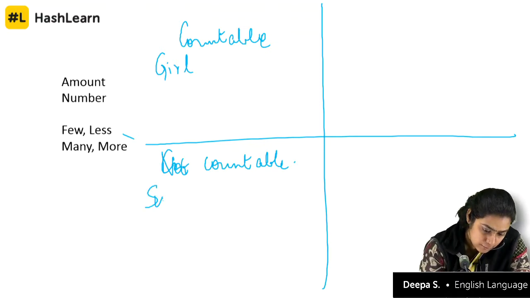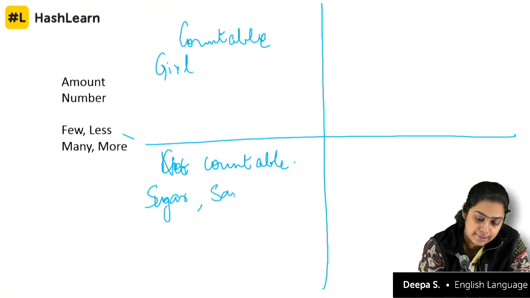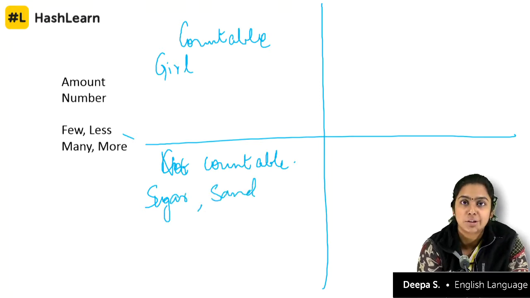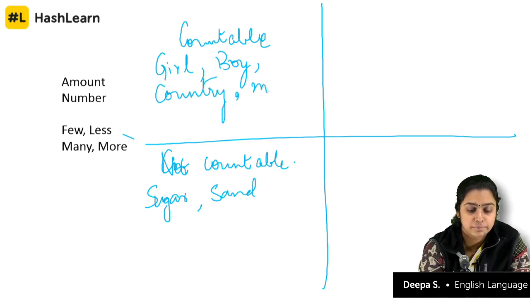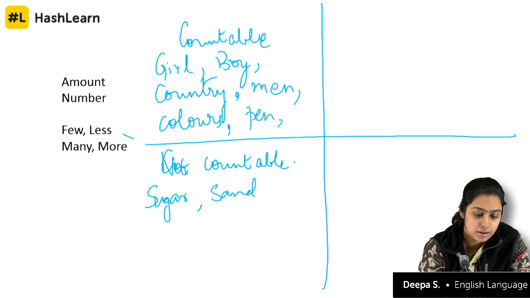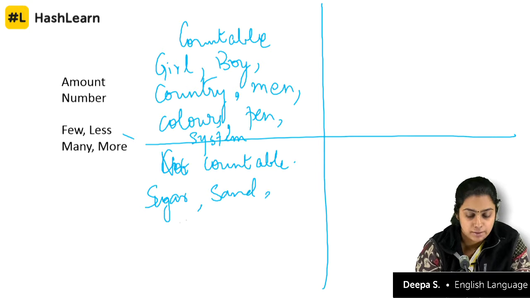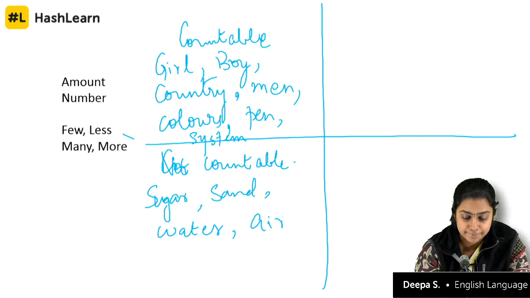Then there is sugar, sand. Okay. Anything else that you can count, girl, boy, country, men, colors, pen, pencil, system. Okay. And here you have water, air, sand, sugar.